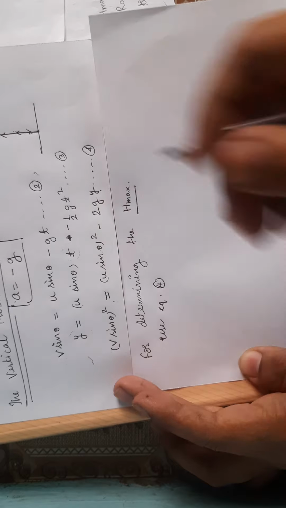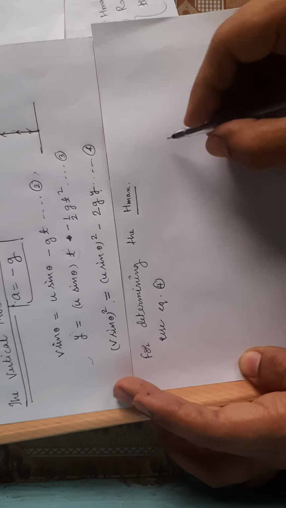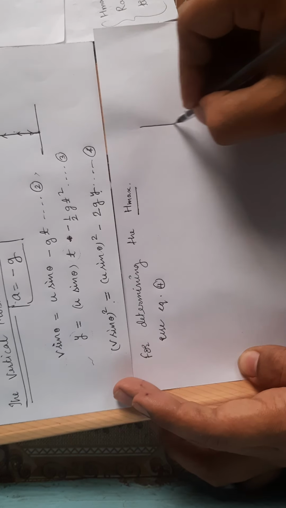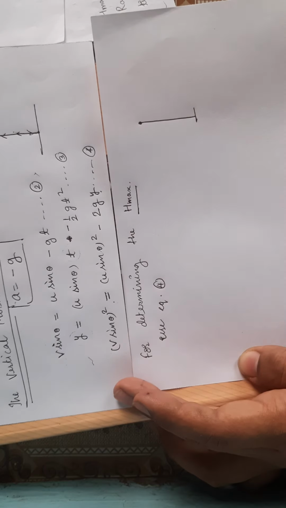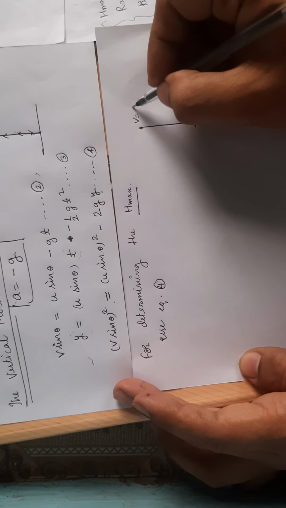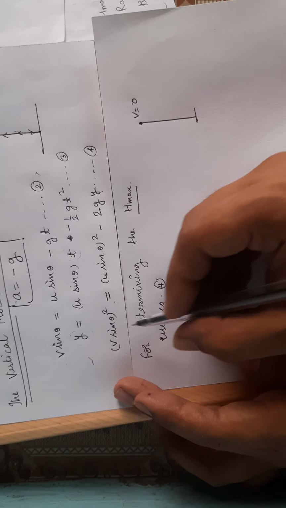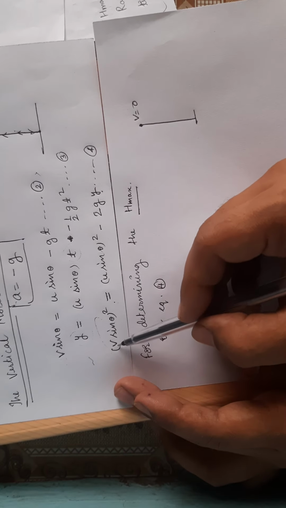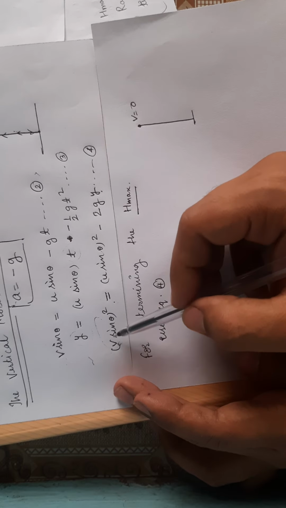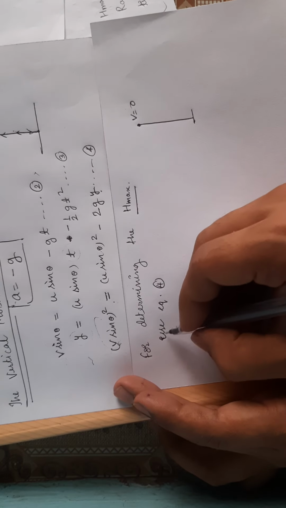In equation number 4, we know at the maximum point the velocity of the particle is 0. So in this equation, this term is 0, then this whole term will become 0.